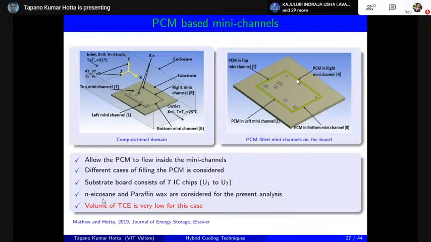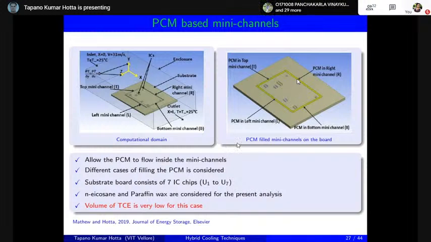N-icosane can be useful for a low melting point, but with higher enthalpy and lower specific heat. Paraffin wax can be used for a higher melting point, lower enthalpy, as well as higher heat capacity. So depending upon the application, you can go for either N-icosane or paraffin wax. But the only demerit we have observed is that the TC volume is very low.